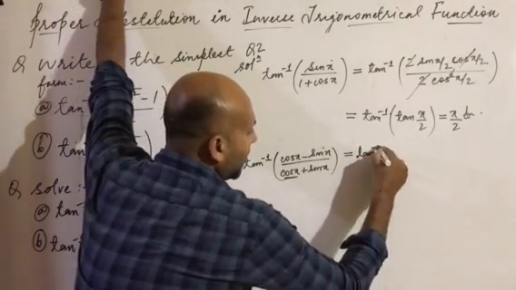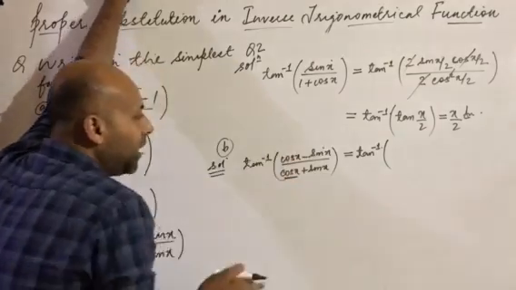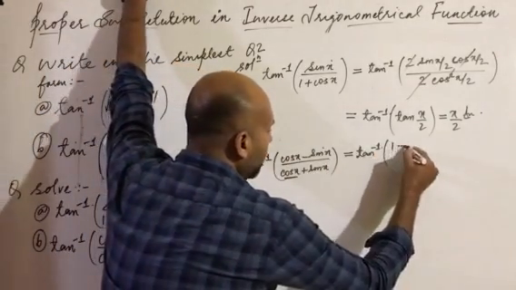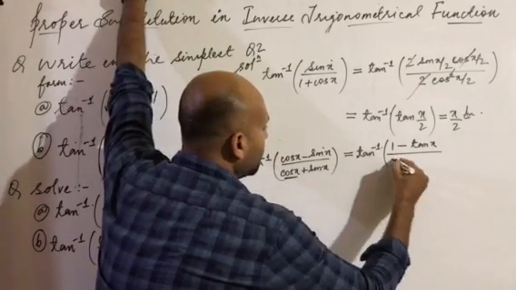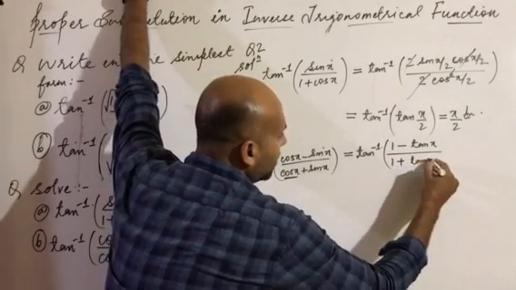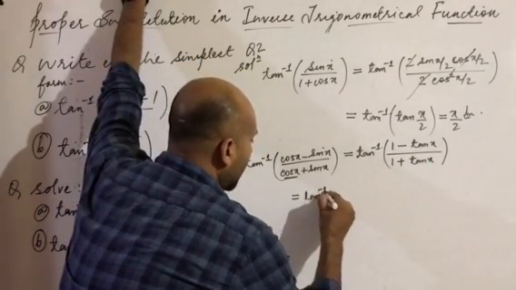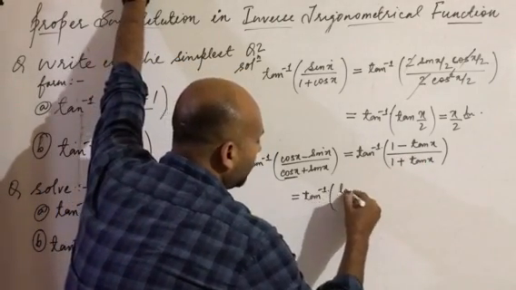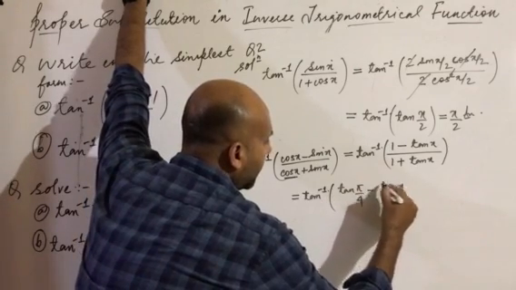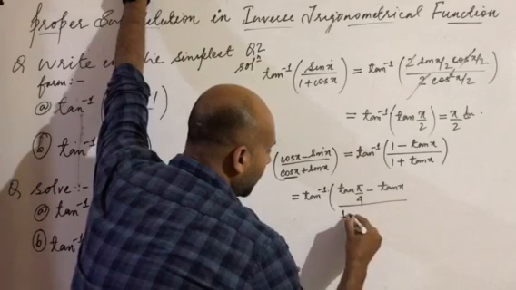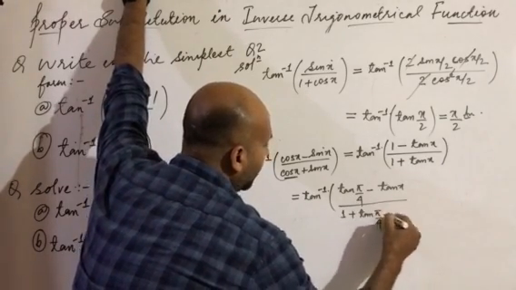So this can be written as tan inverse of, if I am going to divide both by cos x, I am not writing it, just explaining, dividing both by cos x. So cos x by cos x is 1, and sin x by cos x is tan x, whole divided by cos x by cos x, which is equal to 1, and sin x by cos x is also tan x. So the next line I can write tan inverse of, children, 1 is the value of tan pi by 4. So I can write tan pi by 4 minus tan x, divided by 1 plus, this one I don't have to touch because this is the main thing I need, plus tan pi by 4 into tan x.